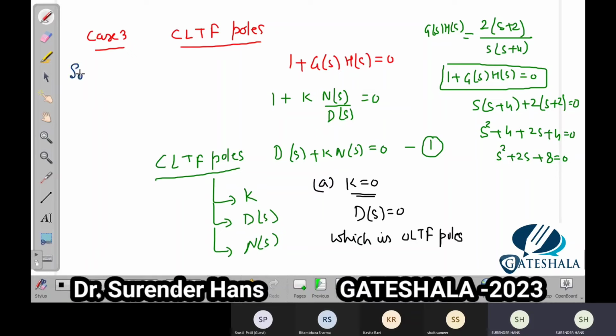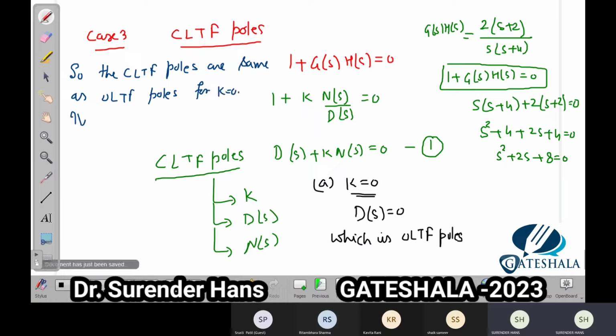So the closed loop transfer function poles are the same as the open loop transfer function poles for k is equal to 0.